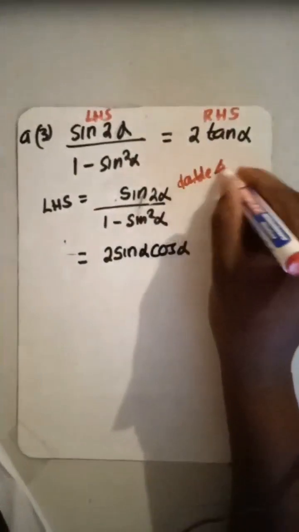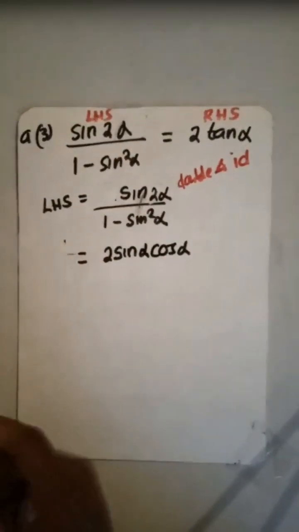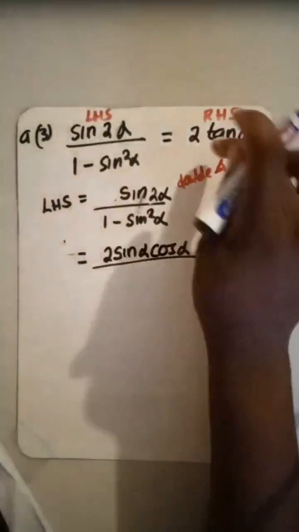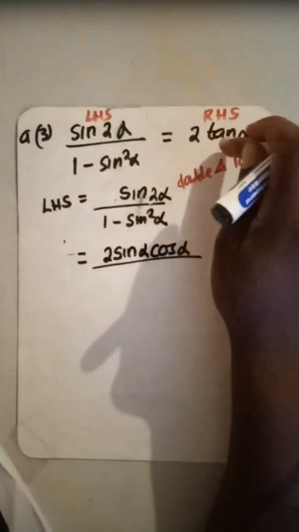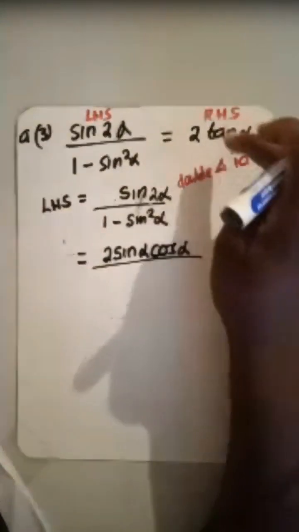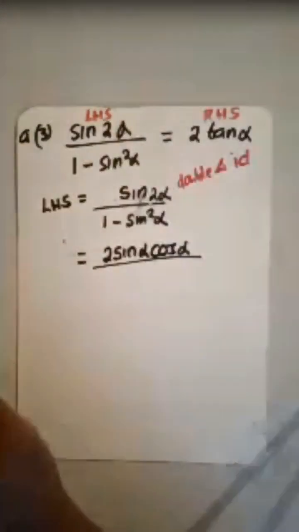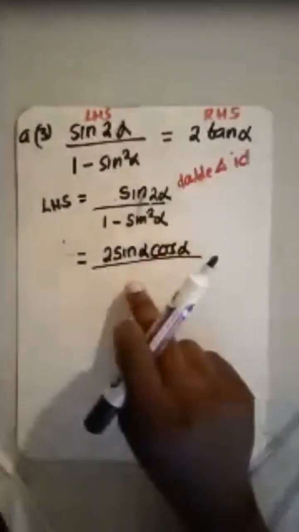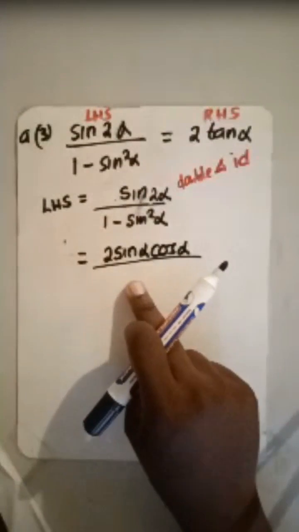In the denominator, if you check, we want to get to tan here. From the quotient identity, tan is the same as sine alpha over cos alpha. So it is in our interest that the denominator is cos.